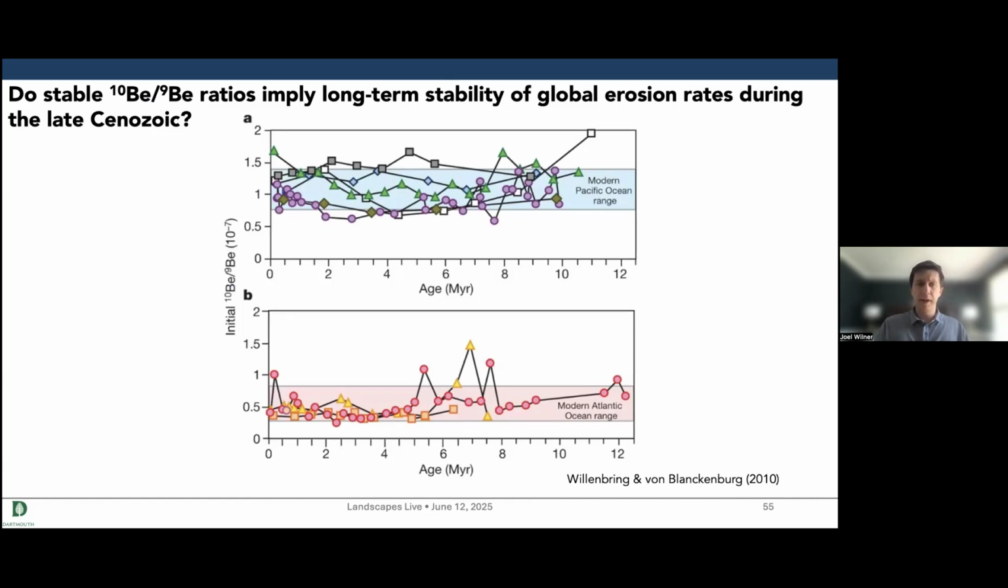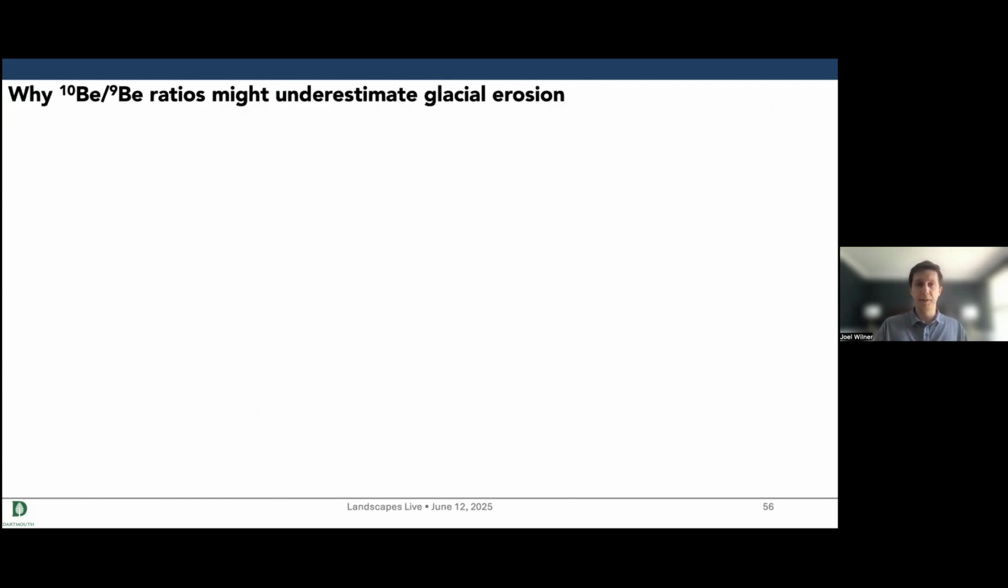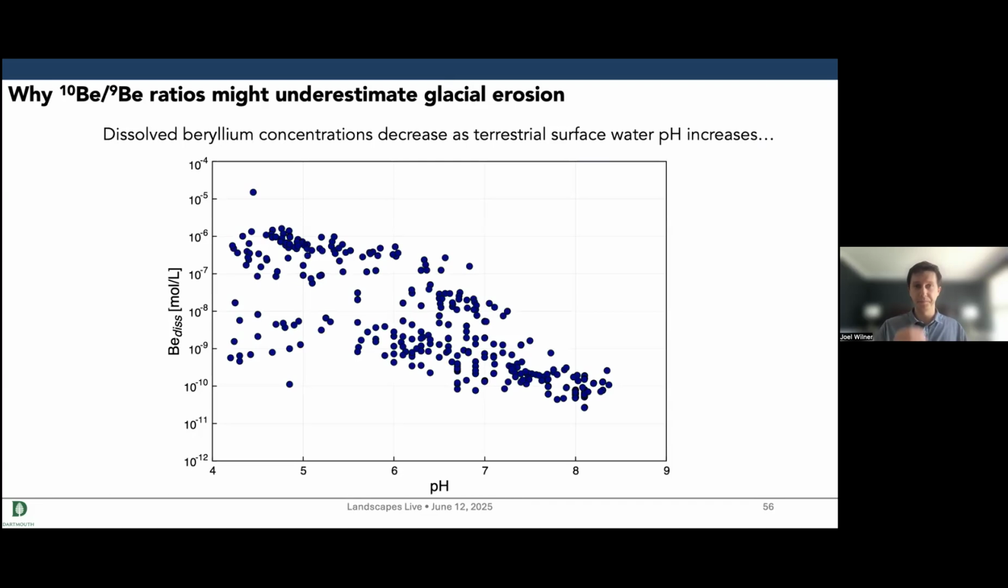So we try to reconcile this observation with some of the observations that we've made up to this point in the talk with a sort of geochemical argument for why these ratios of beryllium might actually be underestimating the actual amount of glacial erosion that we're experiencing.